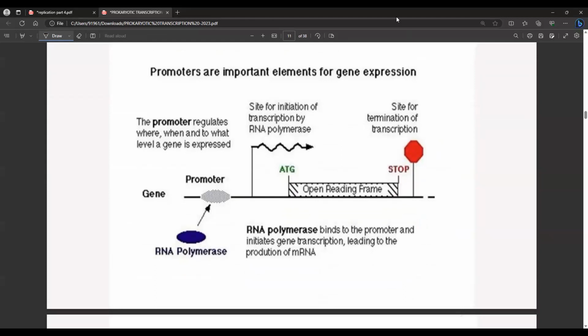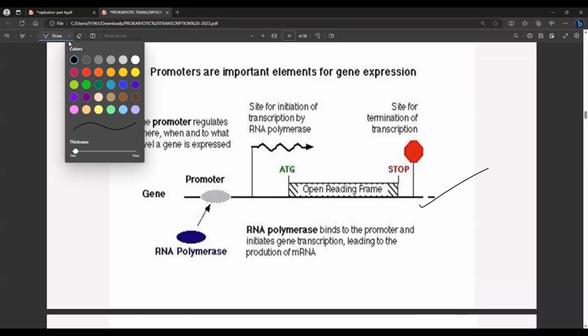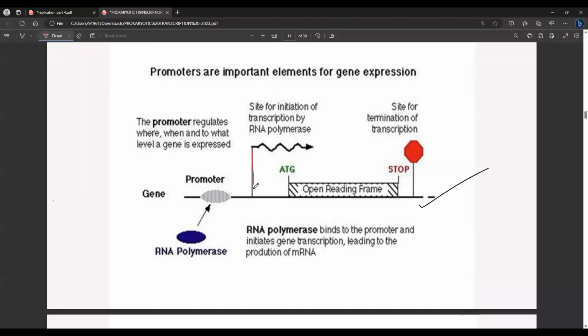Every student keep the point in your mind. They will ask this question directly in the exam. Listen, every one of you, very carefully to what exactly I'm trying to explain. Remember, this is the gene, nothing but DNA. This is the point where the transcription will start.